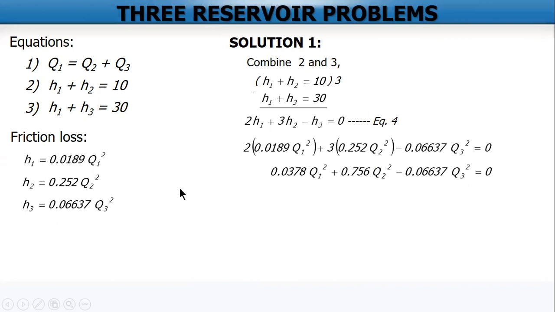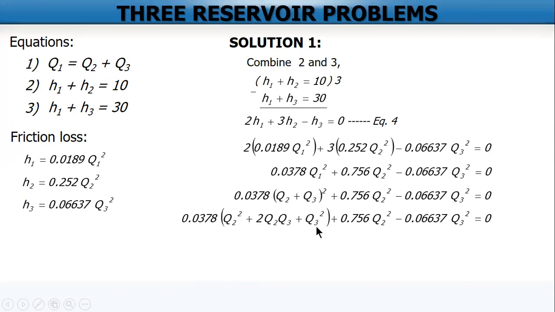Okay. Next is we're going to substitute equation 1 kining Q1 atong i-substitute dire. Para duha na lang ka variables. Kana. And so expand na ito ni. Ano yung result?